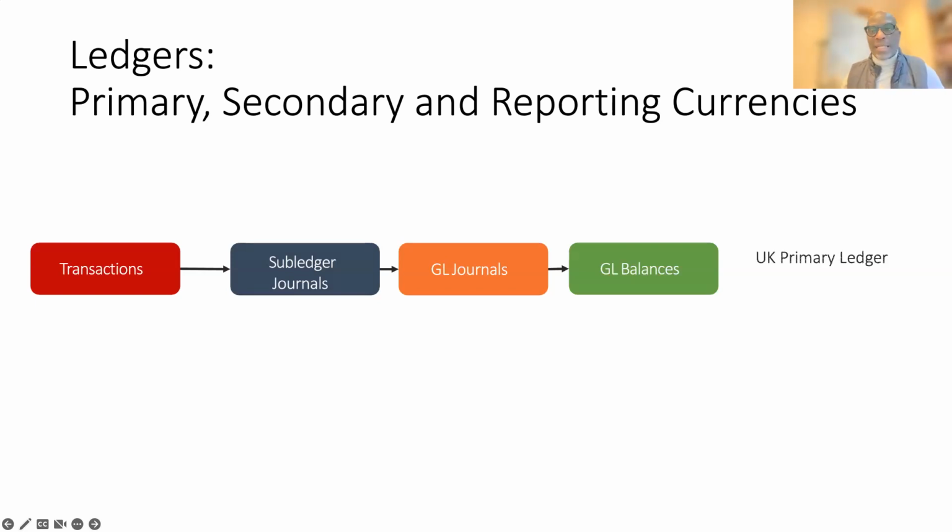So within your primary ledger, you would have a structure which pulls data in from your sub-ledgers. Now, when you're reporting, you can determine at what level you want the transactions to be.